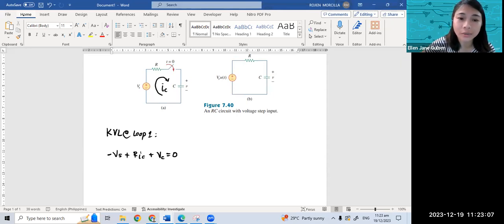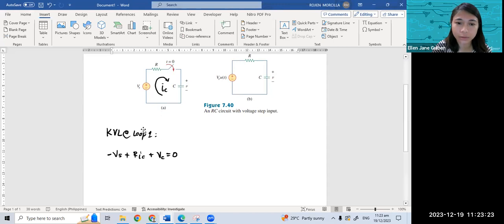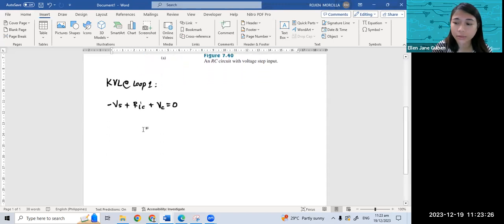Next, we will be solving this in terms of the capacitor voltage, since the capacitor voltage is continuous. So we will be converting everything into a voltage.